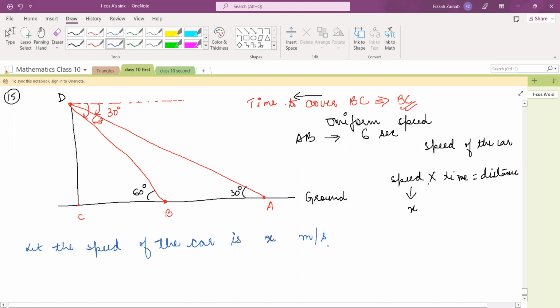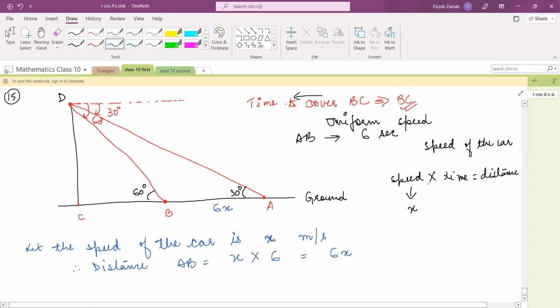Meter per second, right? Now speed I know, time I know, so I can find the distance AB. Therefore, distance AB, that becomes X multiplied by 6 seconds, correct? Okay, so that gives you 6x. So this distance you have found, that is 6x, correct?